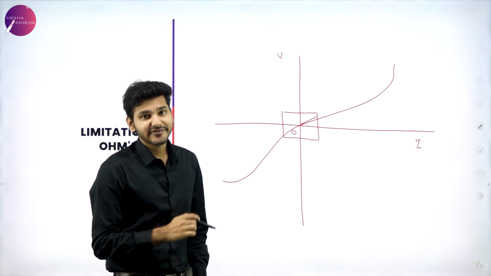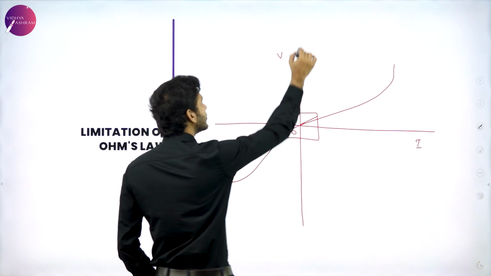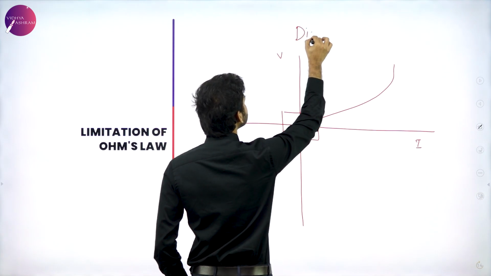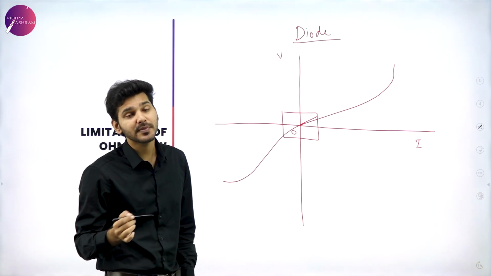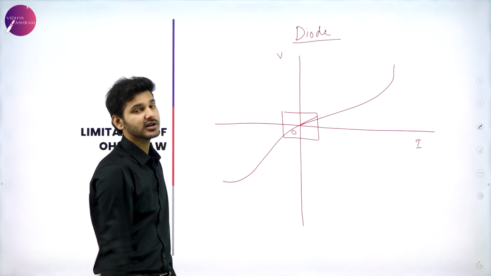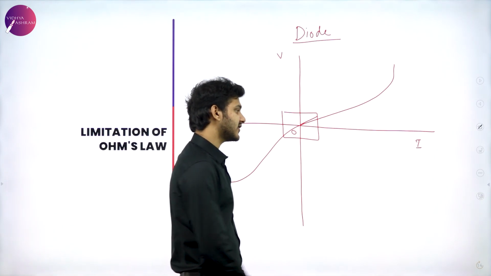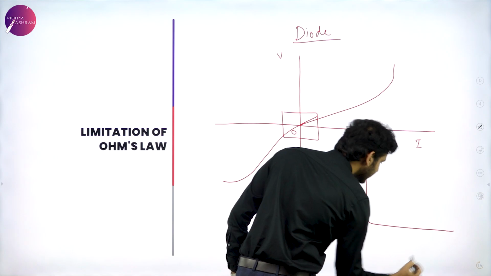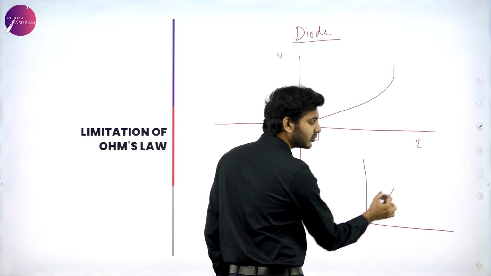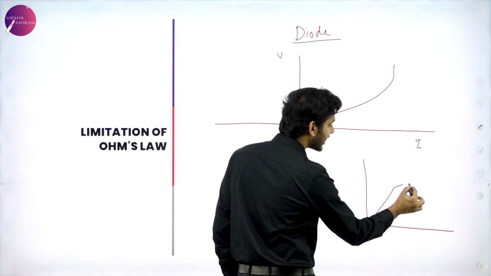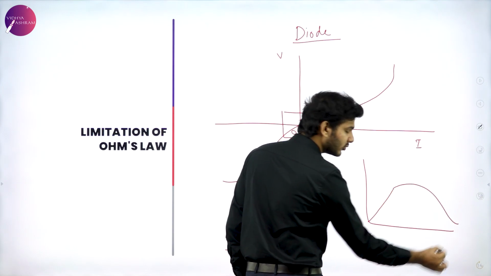This particular graph is for a diode, and it proves that semiconductor diodes are non-ohmic conductors. And we saw that for a semiconductor material also, initially it follows Ohm's law, but after some time it does not follow Ohm's law.